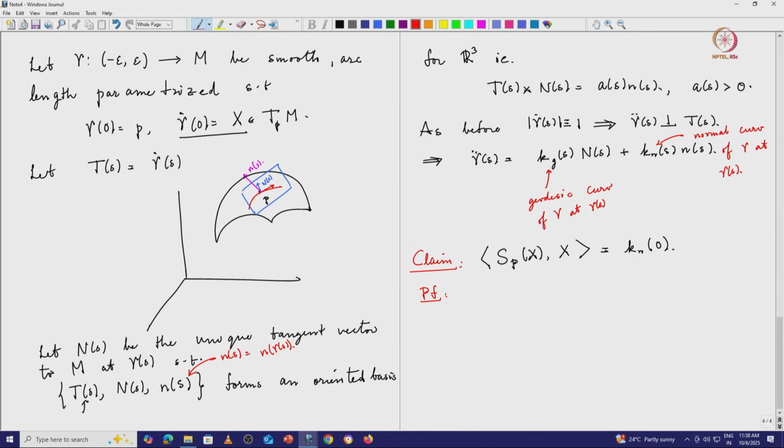Okay, let us quickly write down the proof. Or maybe in the interest of time I will leave the proof as an exercise. So essentially maybe let me give you a hint.